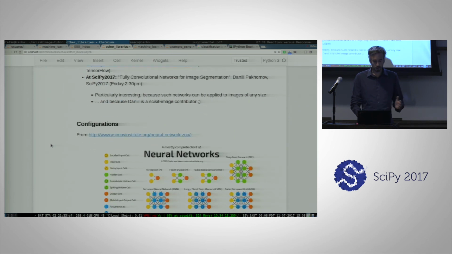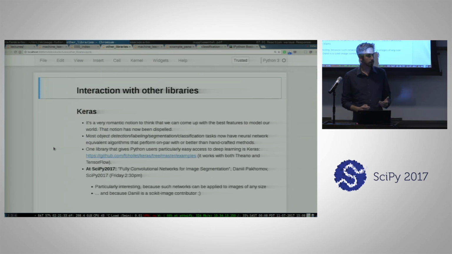So I think what we saw very recently is with this third wave of neural networks coming through, this romantic notion that we can basically figure out the best model to describe an image, well, we have to throw that out the window, because it turns out that if you just throw enough computational power at the problem and you have a complex enough architecture, the machines are able to outperform us.